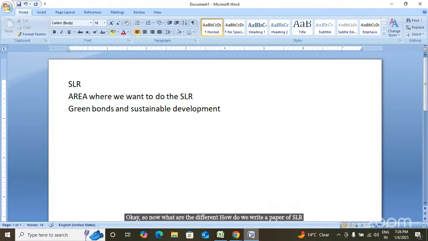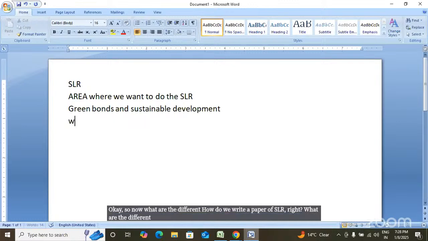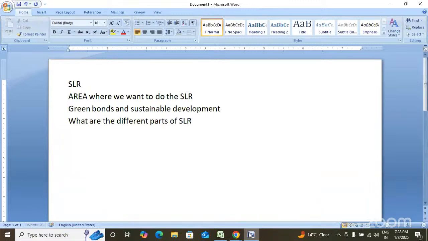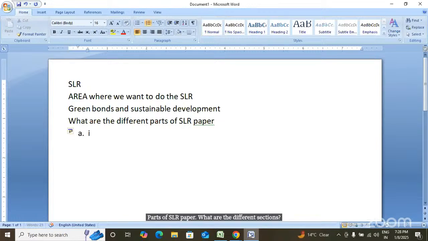Now the next step is, what are the different parts of an SLR paper? What are the different sections? First comes the introduction. Second comes the research methodology.